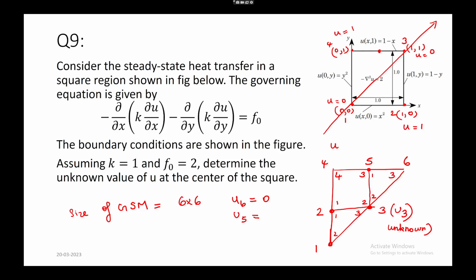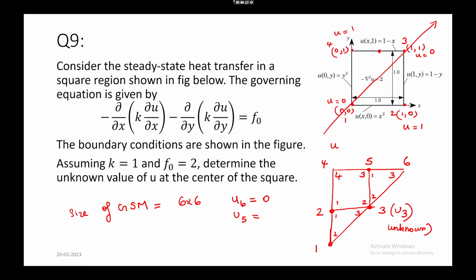Okay, so I think since it is time, we will stop here. So maybe we will try to just compute the stiffness matrices. Correct?